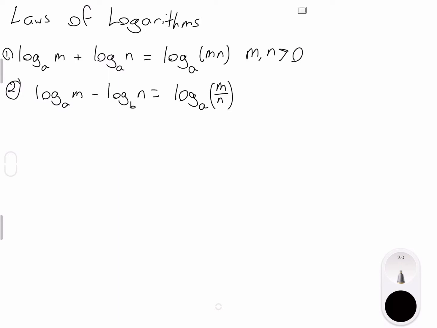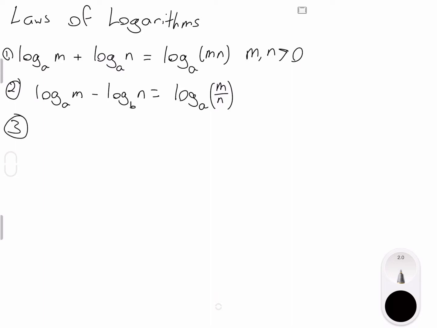So these work both ways. If you've got the log of base A where you've got numbers multiplied together, or a number that could potentially be split up into different factors, then you can actually do it this way. You can go either way, from left to right or right to left.